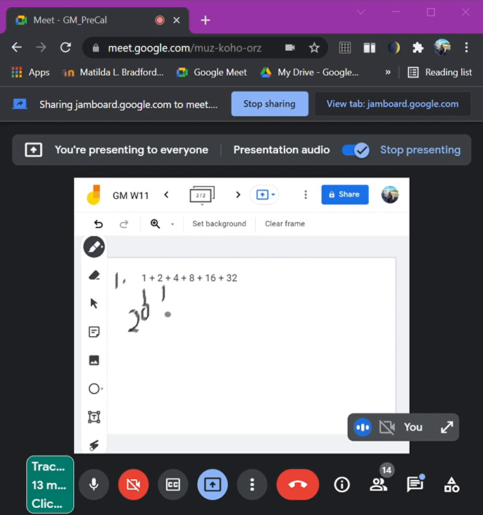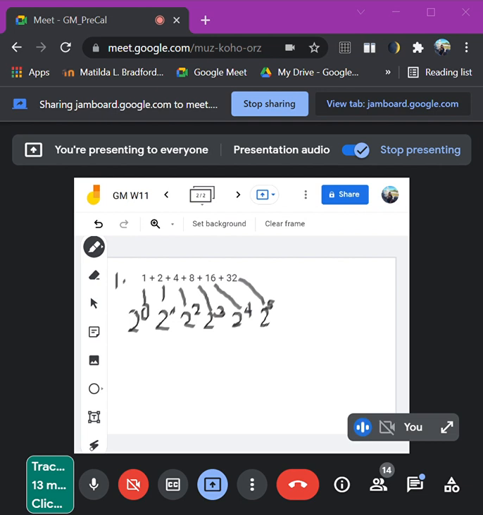For this one, you can use 2 raised to the power of 1. And for your 4, you can use 2 raised to the power of 2. And then for 8, that is 2 raised to the power of 3. For our 16, that is 2 raised to the power of 4. And here, for the 32, that is 2 raised to the power of 5.